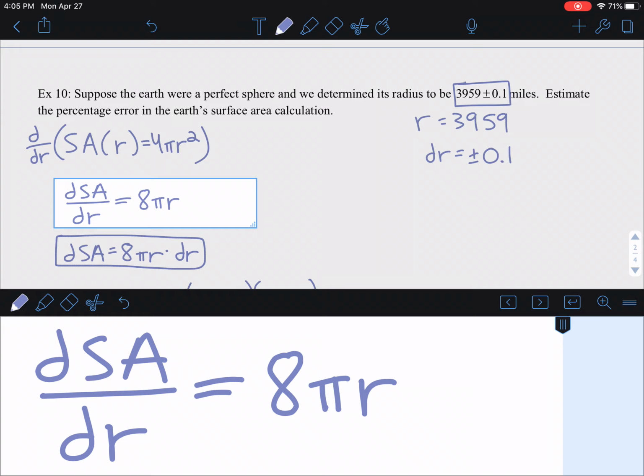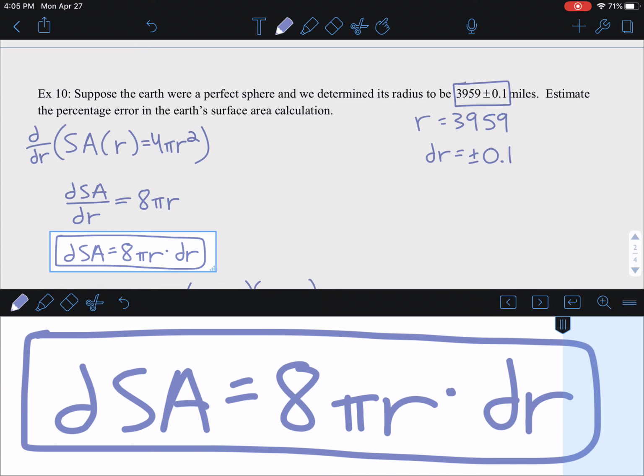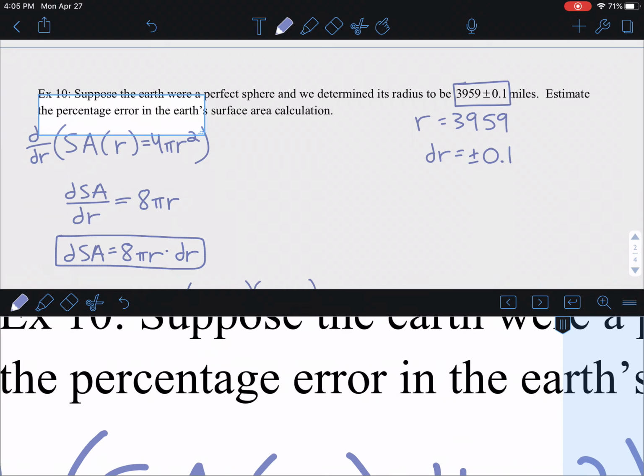And then you multiply the differential of the input over to the other side to get the differential of the output, which in this case is surface area. I'm going to show you how to do this question in two different ways from this point, because there's a way that we've been doing it that we don't have to. I'll show you that in a little bit, but first let's get to the percentage error.